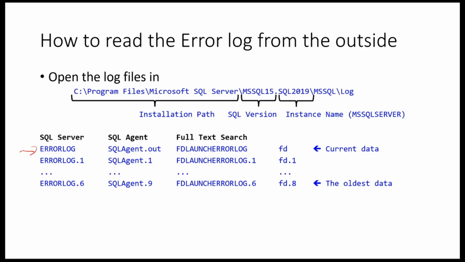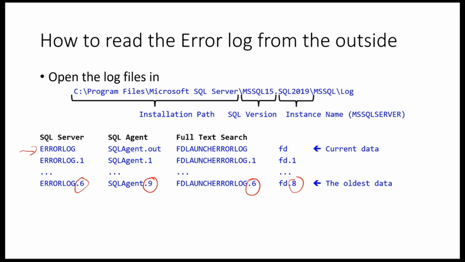This is ERRORLOG without any extension, SQLAGENT.OUT, then FDLAUNCHERRORLOG, again without any extension, and FD with no extension. Some of these error logs get cycled when SQL Server gets restarted or the machine gets restarted. So SQL keeps several copies, which by default is 6 for SQL Server, 9 for the agent, 6 for the launcher, and 8 for this FD file.